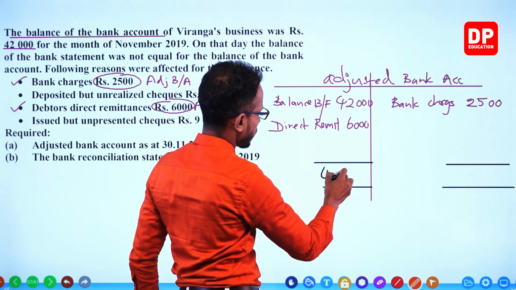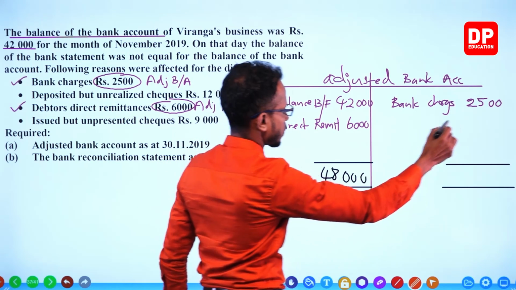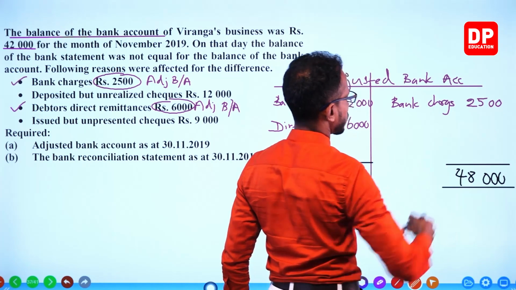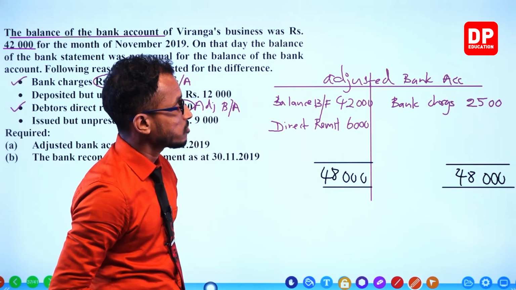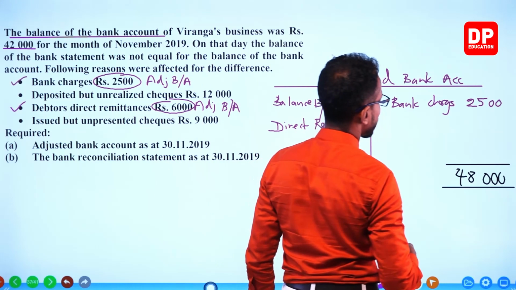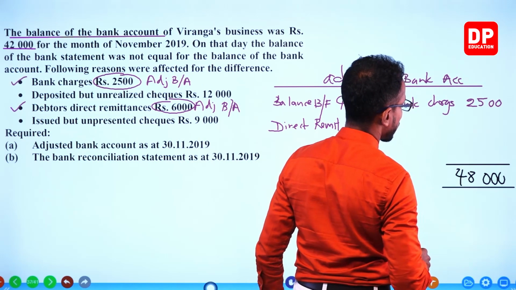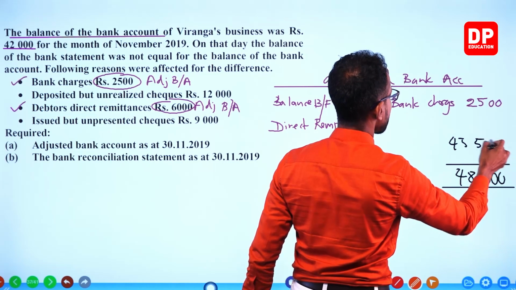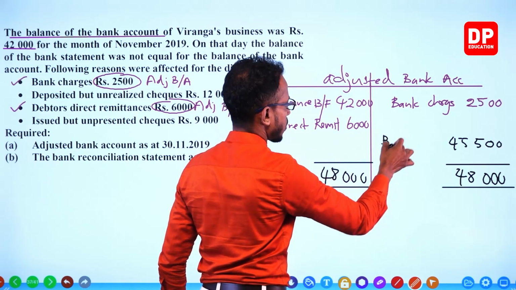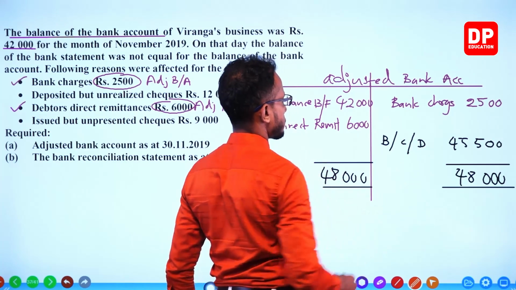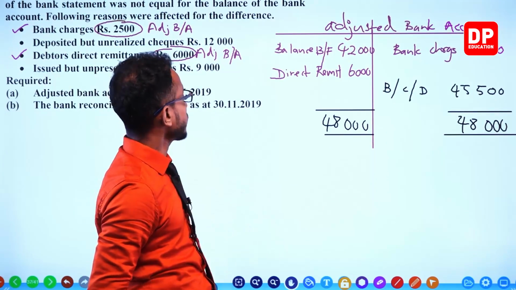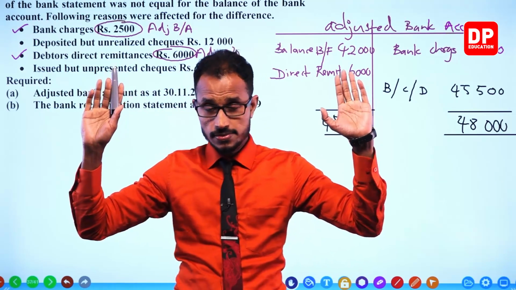Debit side. 48,000, and subtract 2,500 from that. 48,000 minus 2,500 is 45,500, the balance carried down. Adjusted bank account is done.